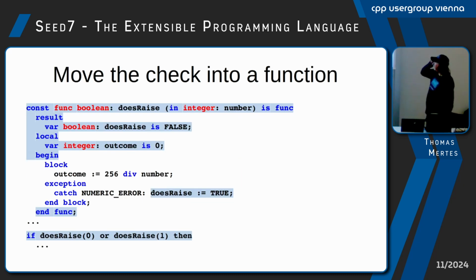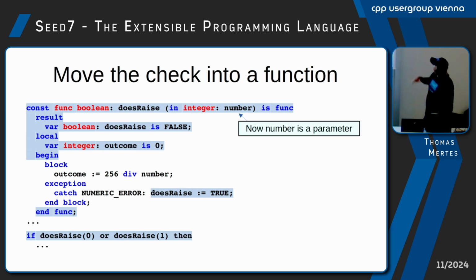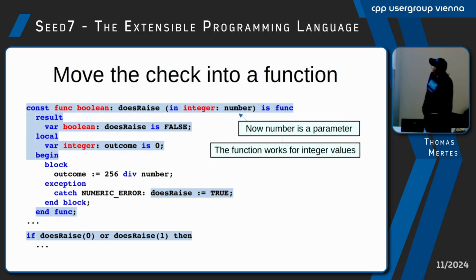Now we take this example from the previous slide and put it into a function. So number is now a parameter, and the function works for integer values.